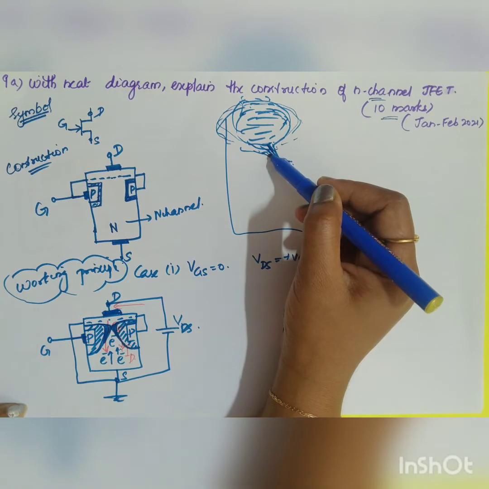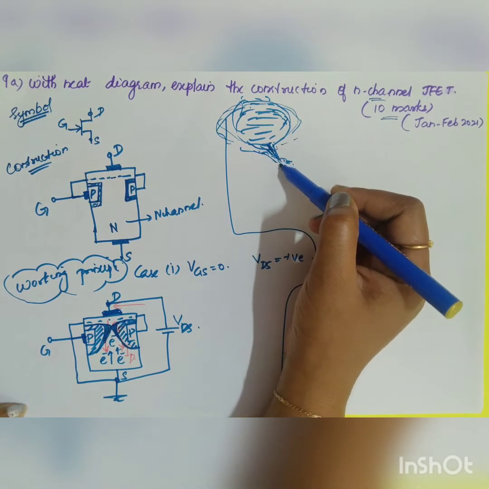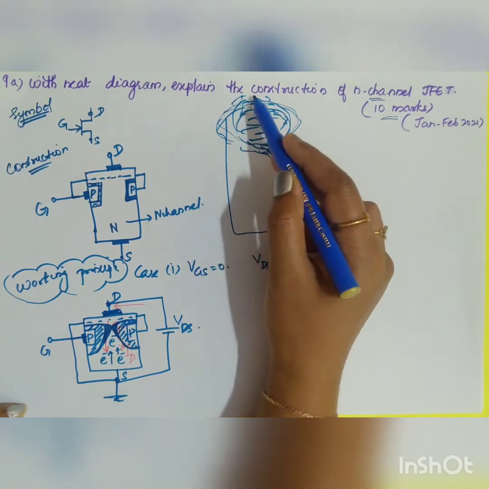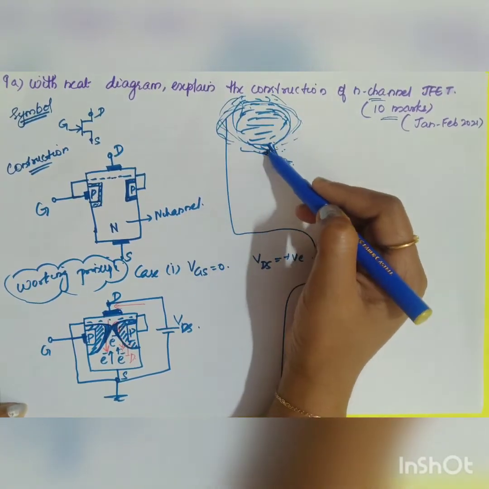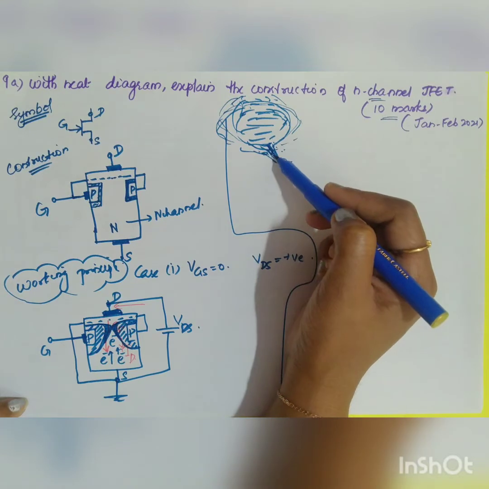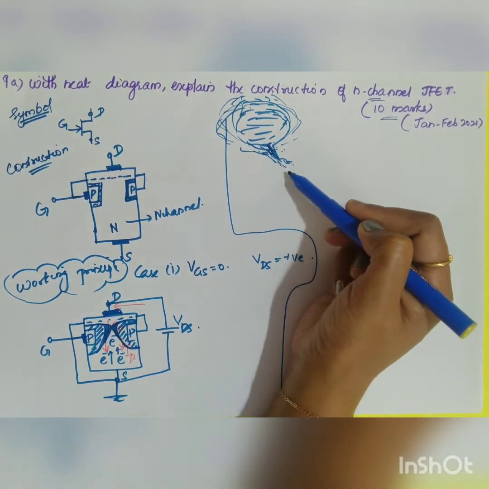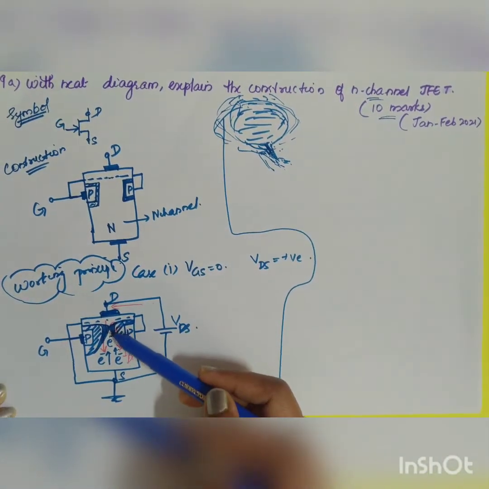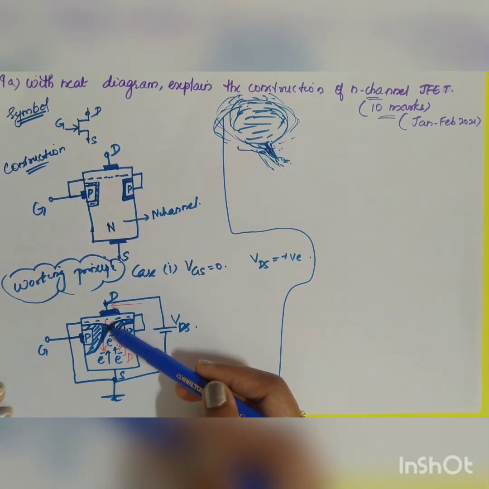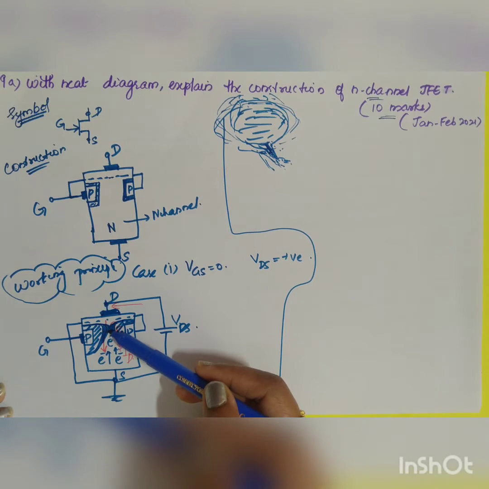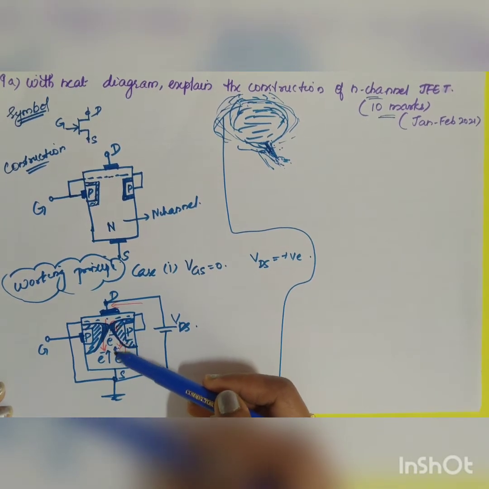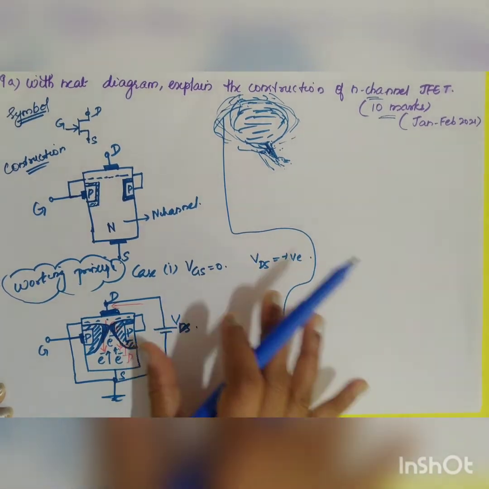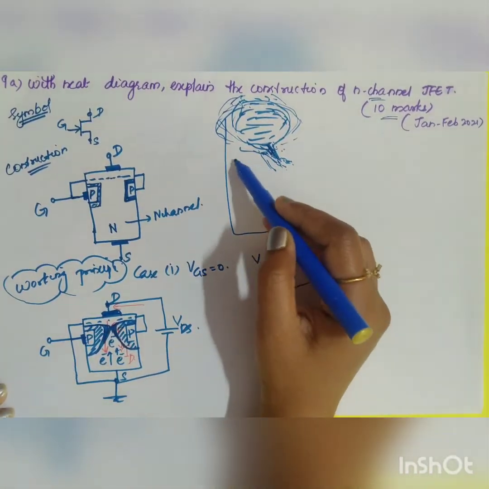You have only a very small narrow path for the water to flow, so even if heavy water is flowing from the source, the water feels saturated because there is no space for it to flow. Just like that, when your depletion layer width gets narrower and narrower, at a particular instant you get the current saturated even though the value of VDS goes on increasing. I will explain that using the characteristics.